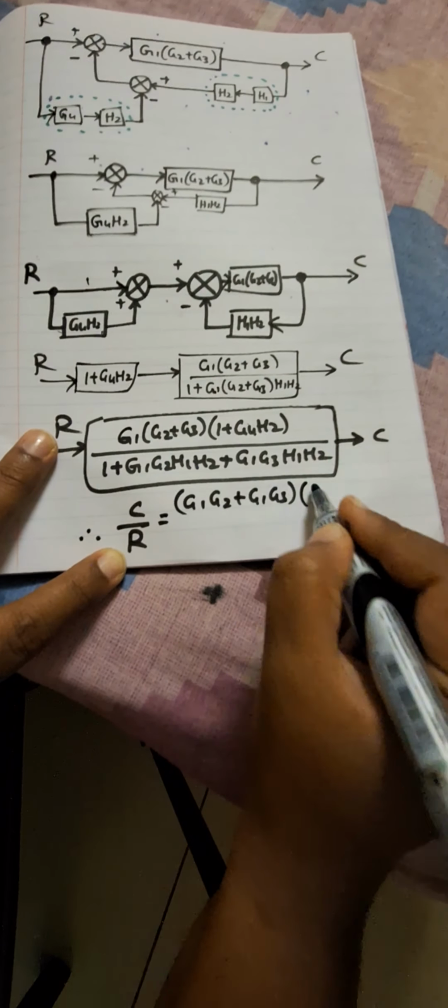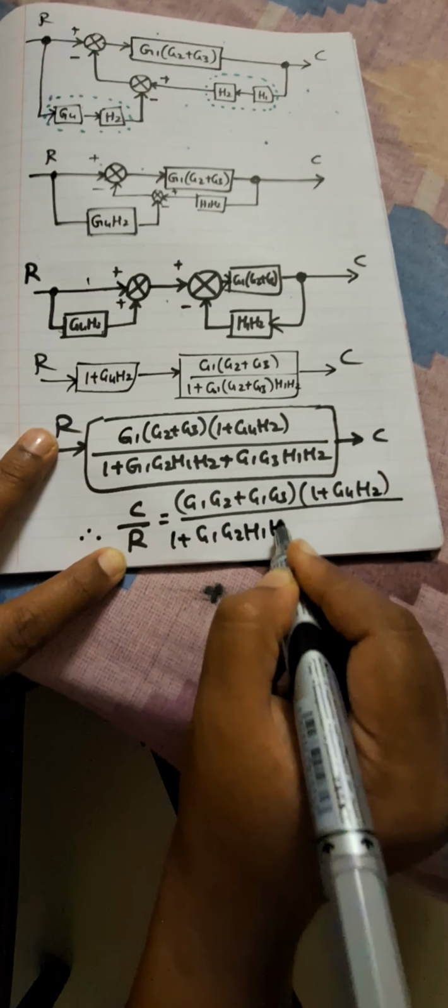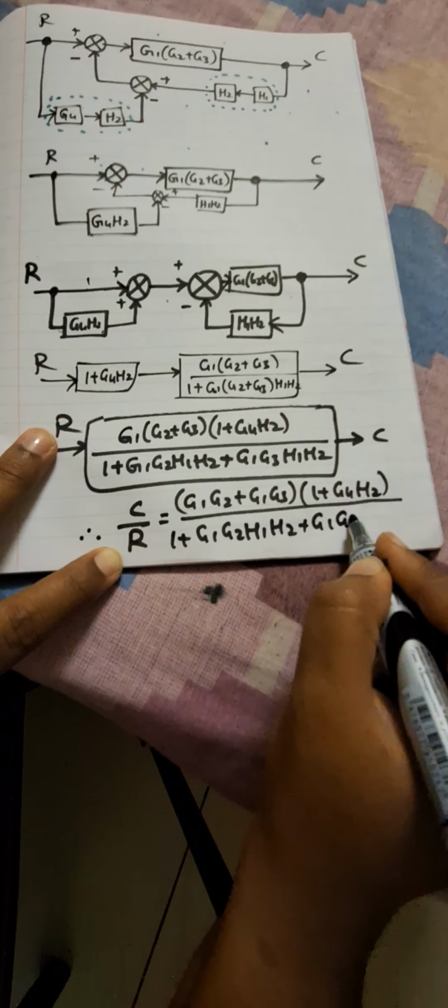So G1 G2 into 1, it will be G1 G2 plus G1 G3 into 1 plus G4H2, divided by 1 plus G1 G2 H1 H2 plus G1 G3 H1 H2. Now multiply these two also. That will be your final answer. Okay, so the block is reduced. You got a single block. This is your answer. If you multiply these two also, you will get full marks.